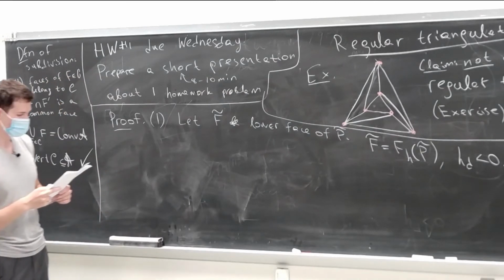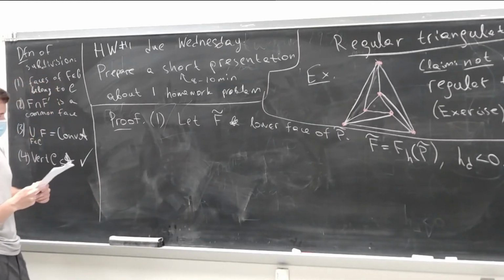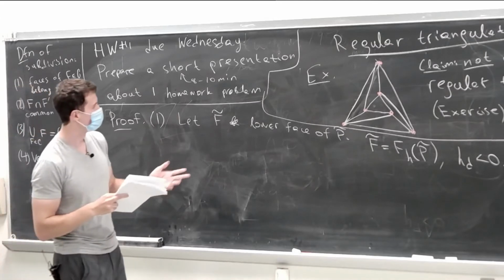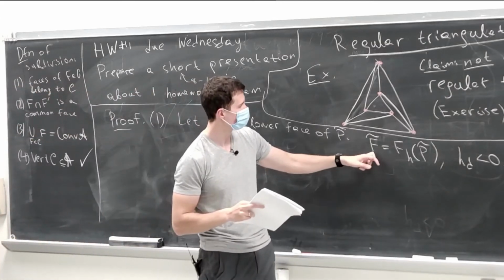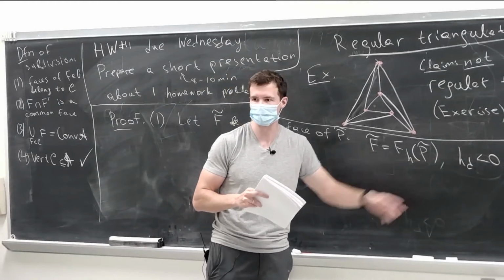Yeah, that's actually a good question. I want to prove the subdivisions result in general, so I'm not assuming H is generic. By definition of a lower face, it is a face of this form where H sub D is less than 0.